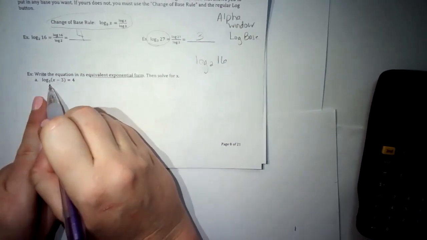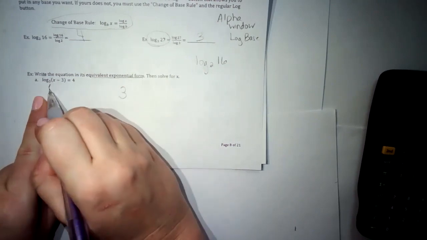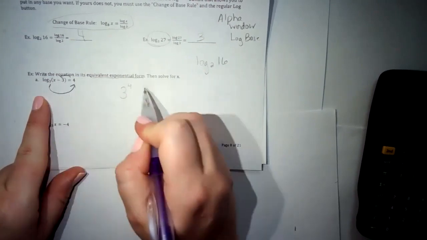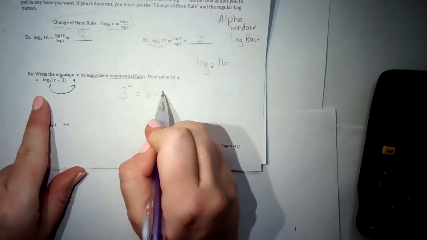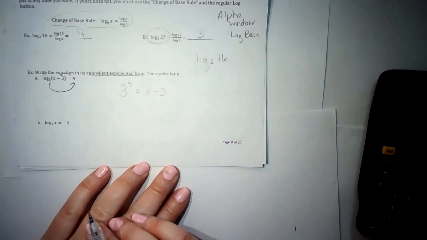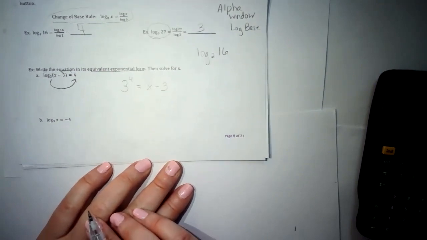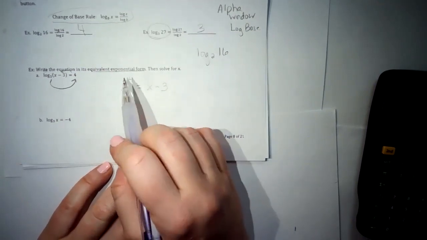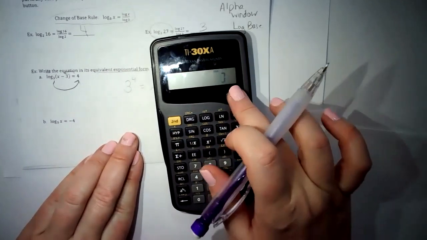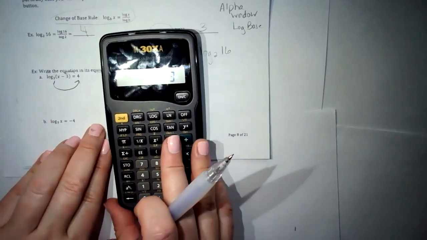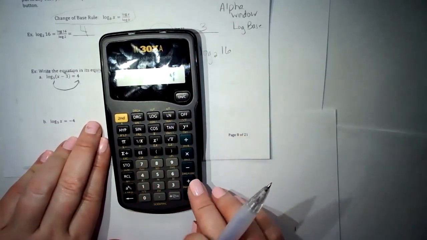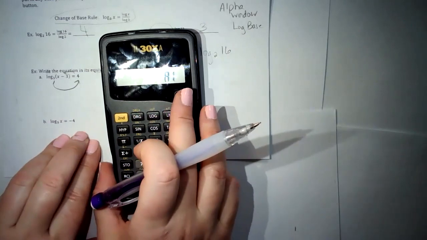So we're going to take our base, raise it to the 4th, equals the argument, which in this case is x minus 3. And now we're just going to solve for x. So in our calculator, we're going to do 3 to the 4th. Remember how to do that? We would do 3. And then we're going to use our y to the x, 4 equals, we get 81.